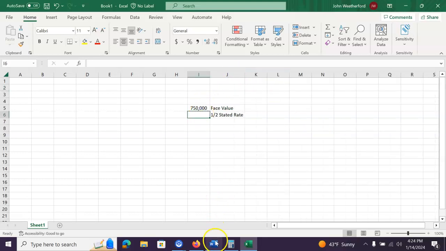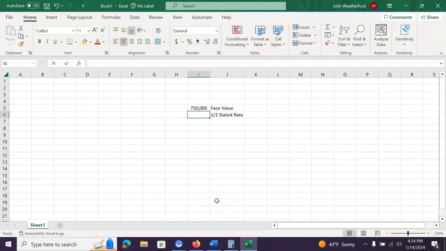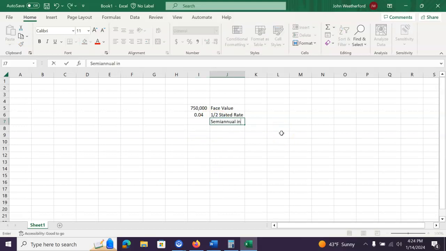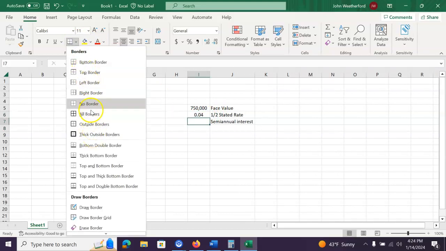Now our stated rate, again, was 8% for a year, but that'd be 4% every 6 months. So 0.04. So the semi-annual interest due on these bonds would just be $750,000 times 4%.